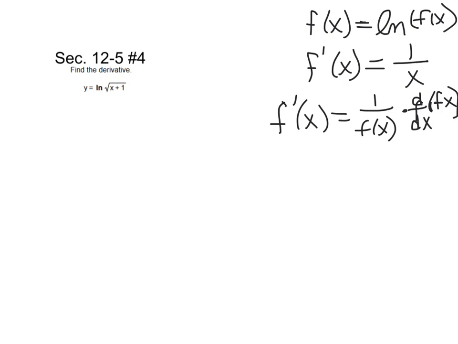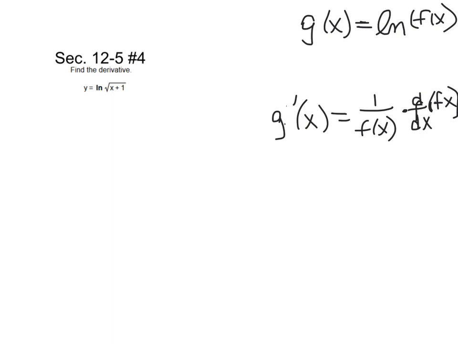So I guess we would be better off calling this, instead of f of x, g of x, so that we don't get confused. So that's the pattern that we're going to follow.